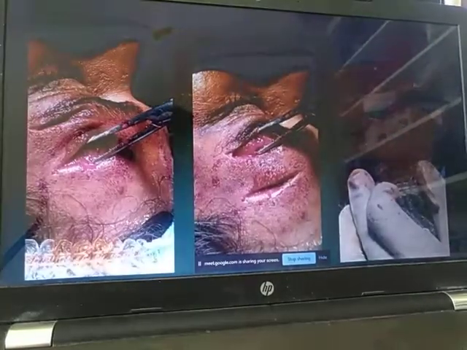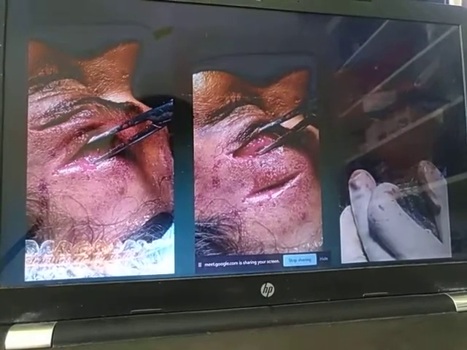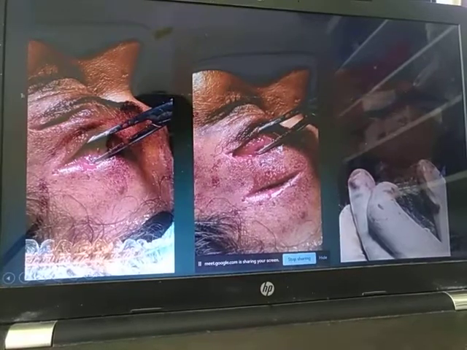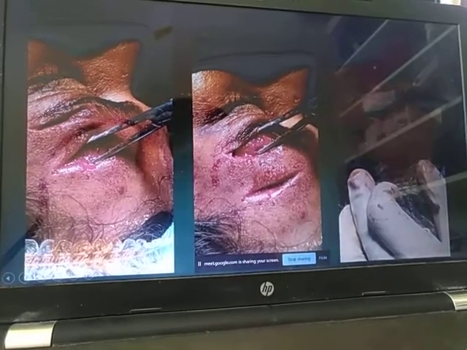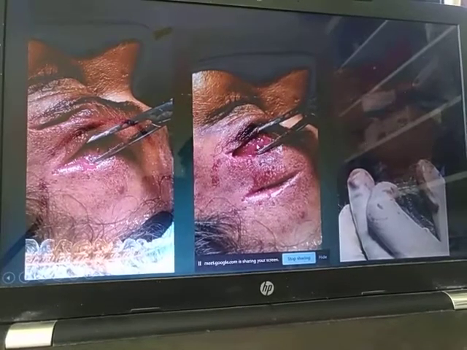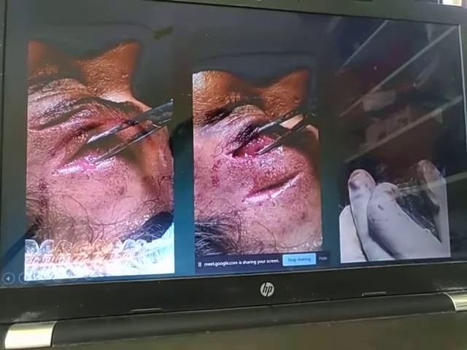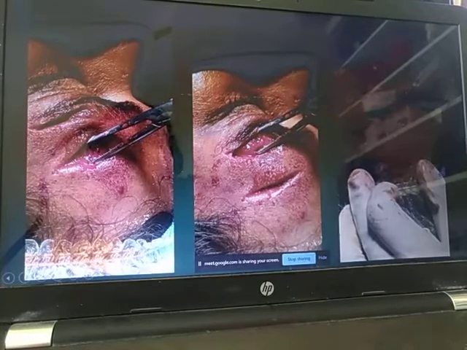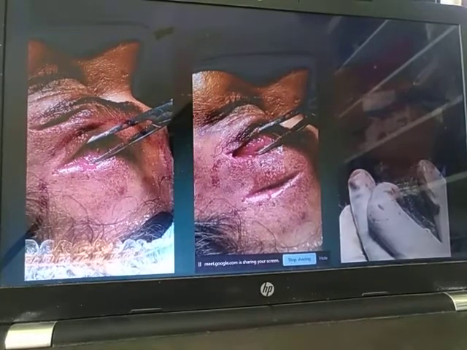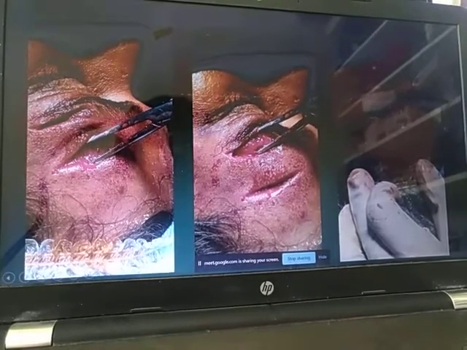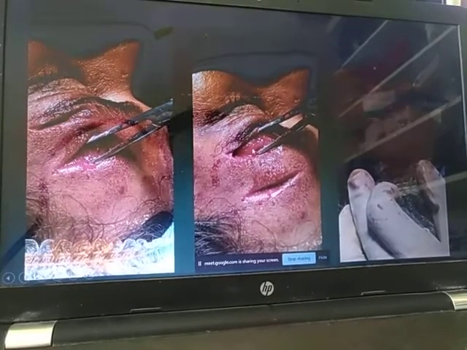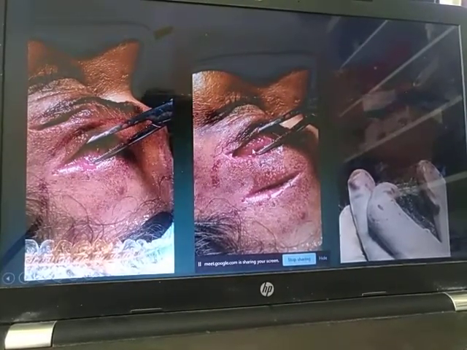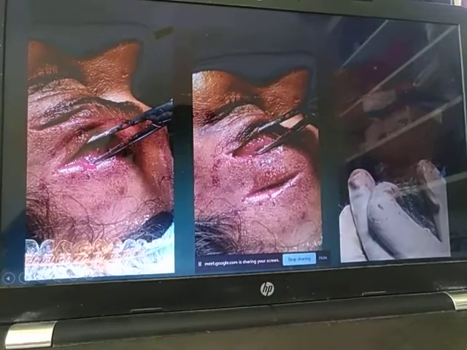So I removed the staples, as you can see in the left photo. You can see this is the skull. The laceration was skull deep. I could palpate the clean skull. I cleaned it and then I put sutures on it using Ethilon 5-0, and the deep sutures I did with Vicryl 4-0, which is a self-resorbable suture material.